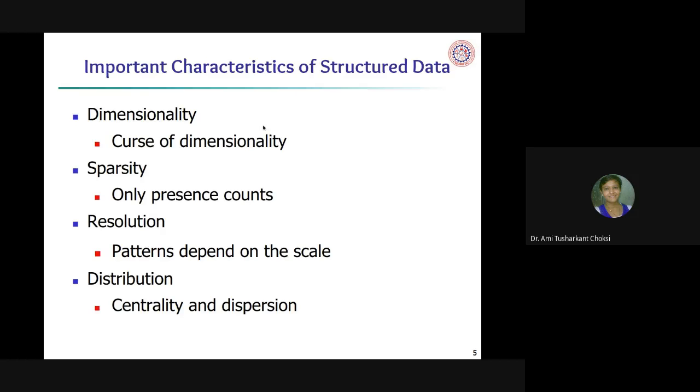That is dimensionality, curse of dimensionality, sparsity, only present counts. Resolution, that is, patterns depend on the scale. Distribution, that is, centrality and dispersion.